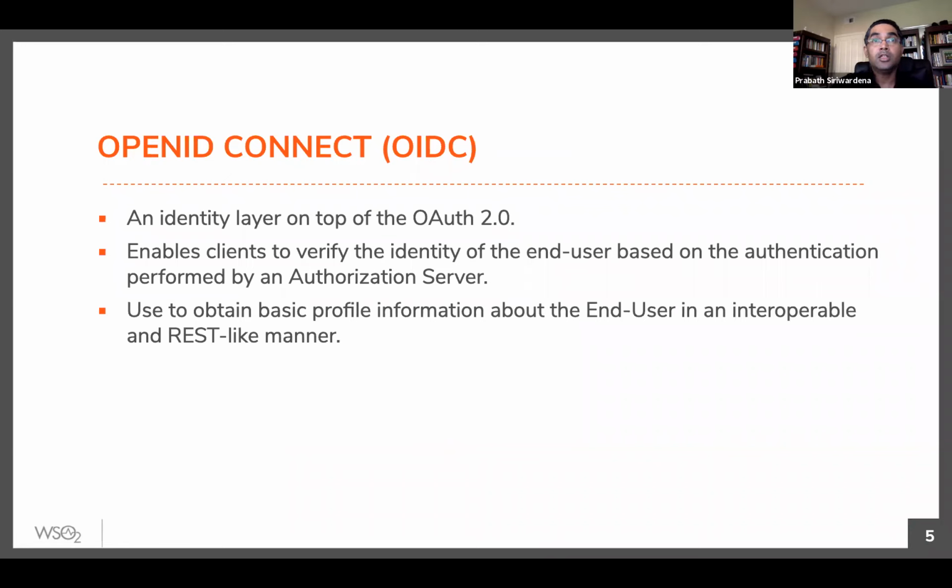So in addition to the access token, you will also get an ID token from the OpenID Connect provider, or the authorization server, which includes a set of claims about the user. So the client application can identify the user in addition to getting an access token. Right? So we'll dig into OpenID Connect in detail.